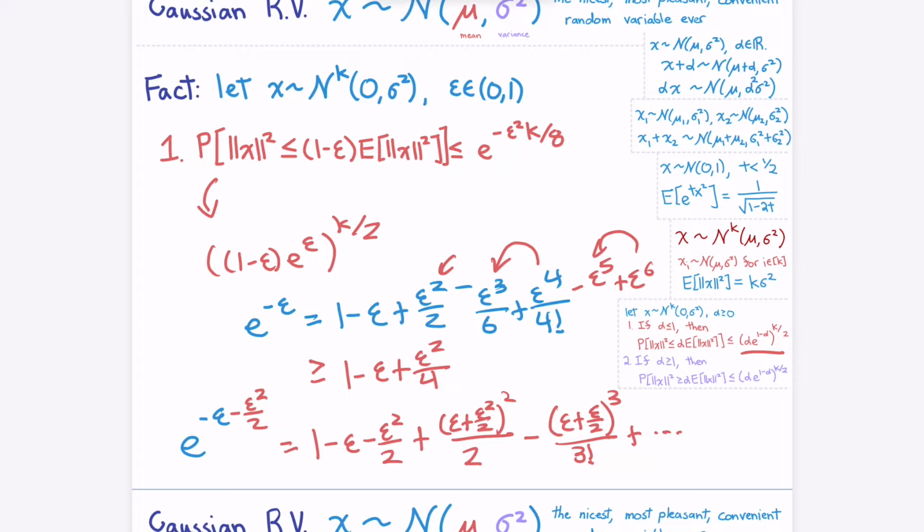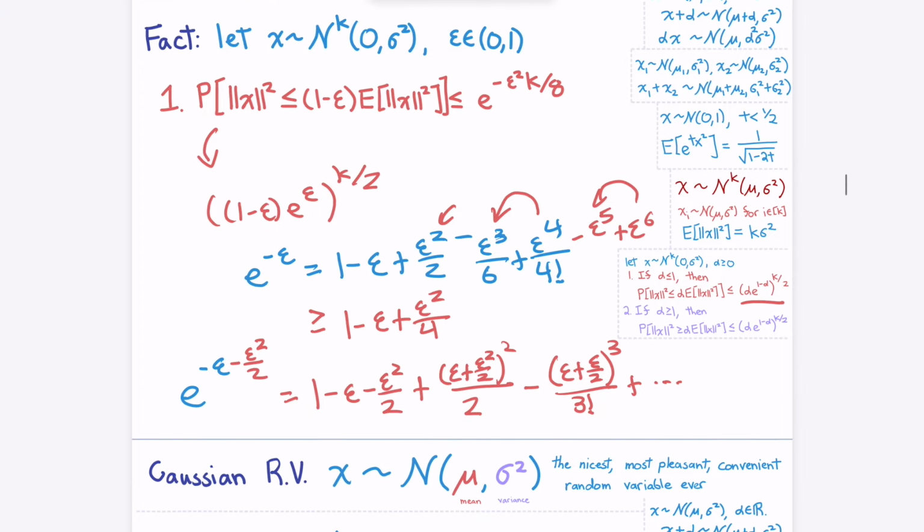And what I can start doing is use this epsilon squared over 2 term to annihilate the epsilon squared over 2 term that arises from here. So what I want to argue, if I had done this more slowly, is the whole thing will come out to at least 1 minus epsilon, for sufficiently small epsilon.